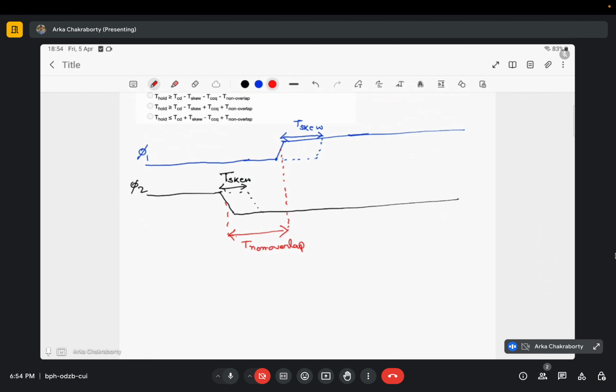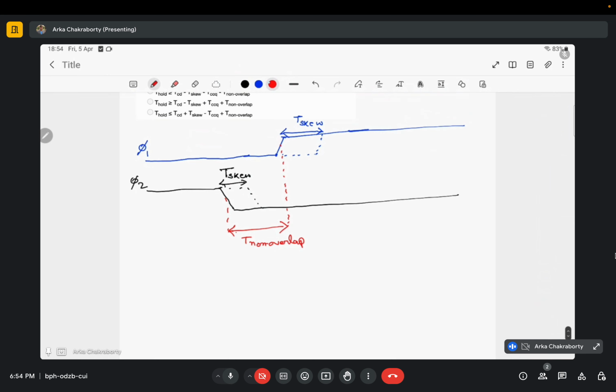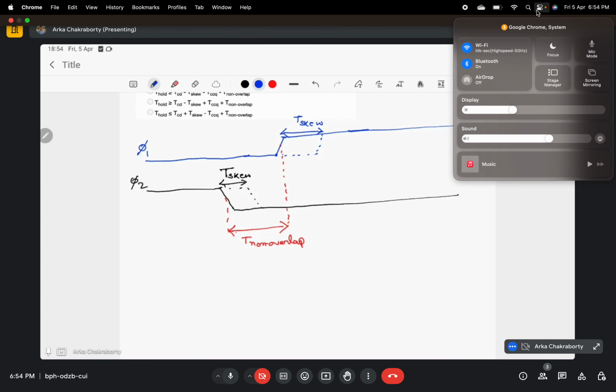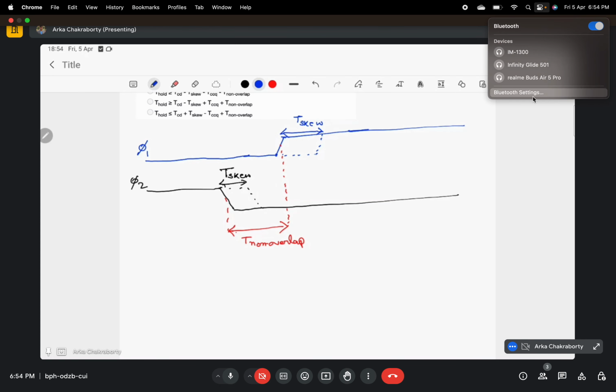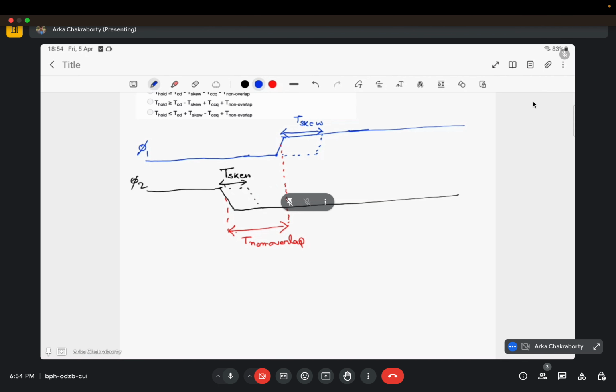Now if T skew comes into picture, okay, so in the worst case I will be considering which two transitions.